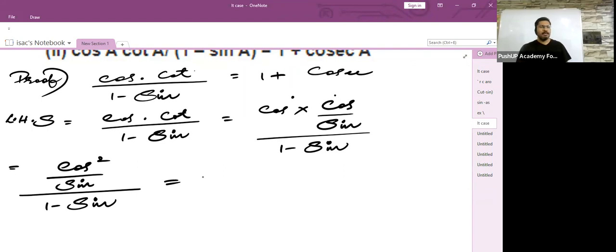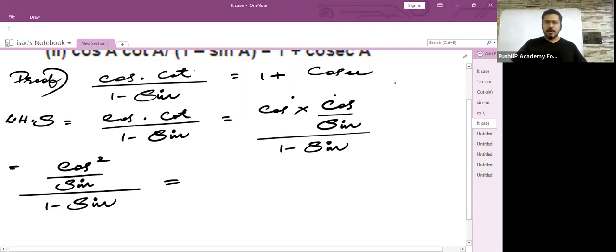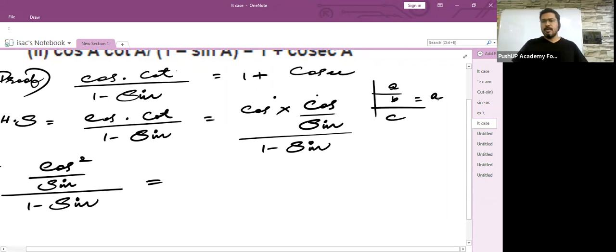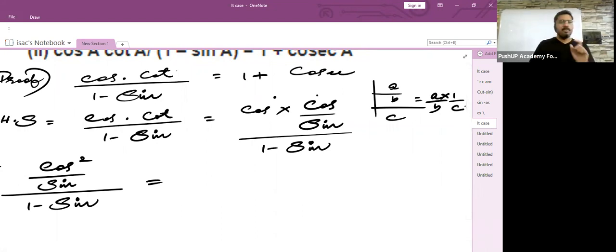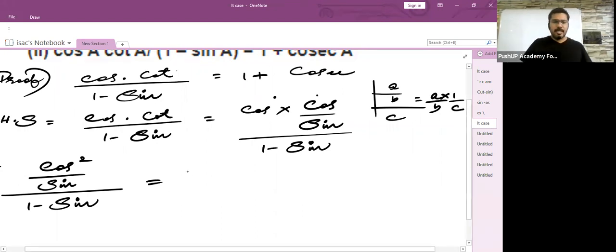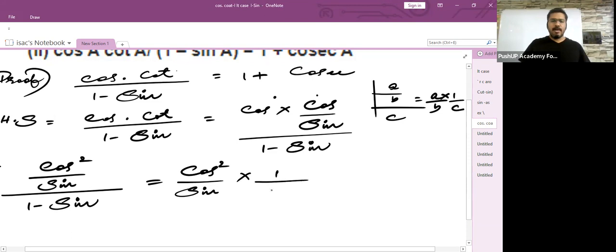Now this is of the form a by b, the whole divided by c, which is equal to a by b into 1 by c. You all know this technique? Let's apply the same technique here: cos square upon sine multiplied by 1 divided by 1 minus sine.